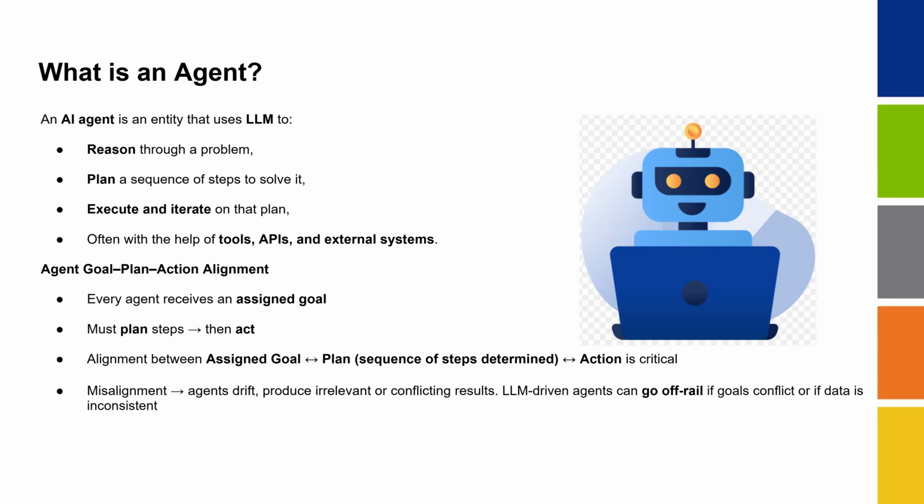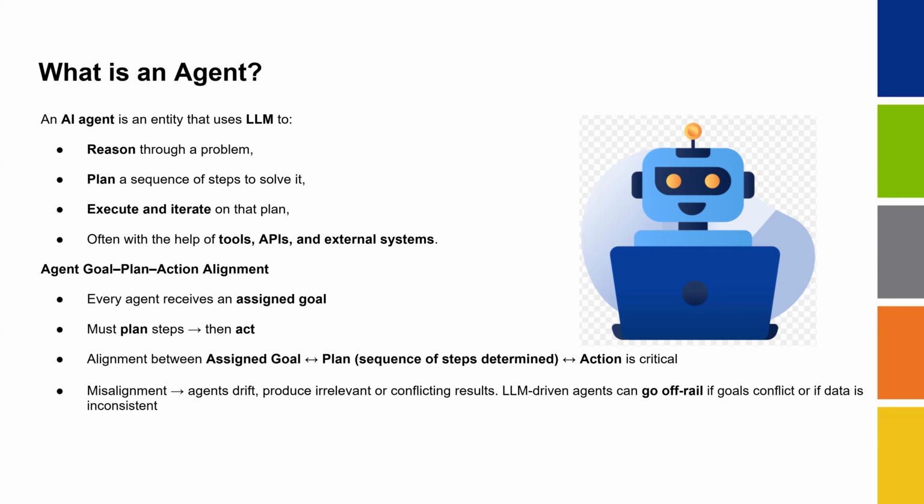Every agent receives an assigned goal, mostly through human or user input. It in turn plans steps and then acts to accomplish the tasks given to it. The alignment between the goal assigned by the user and the plan that it charts out for itself or other agents must be coherent in terms of the sequence of steps determined and which agent will accomplish what task.